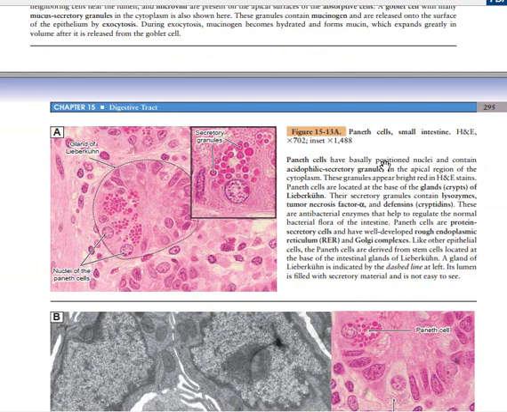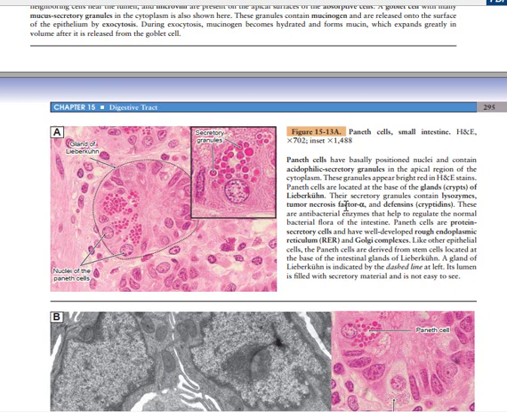Now, at the level of the crypts of Lieberkühn, don't forget that there are cells called the Paneth cells, and the Paneth cells have basally positioned nuclei. They contain acidophilic granules, meaning that they are more eosinophilic and pink in color. Is it clear?